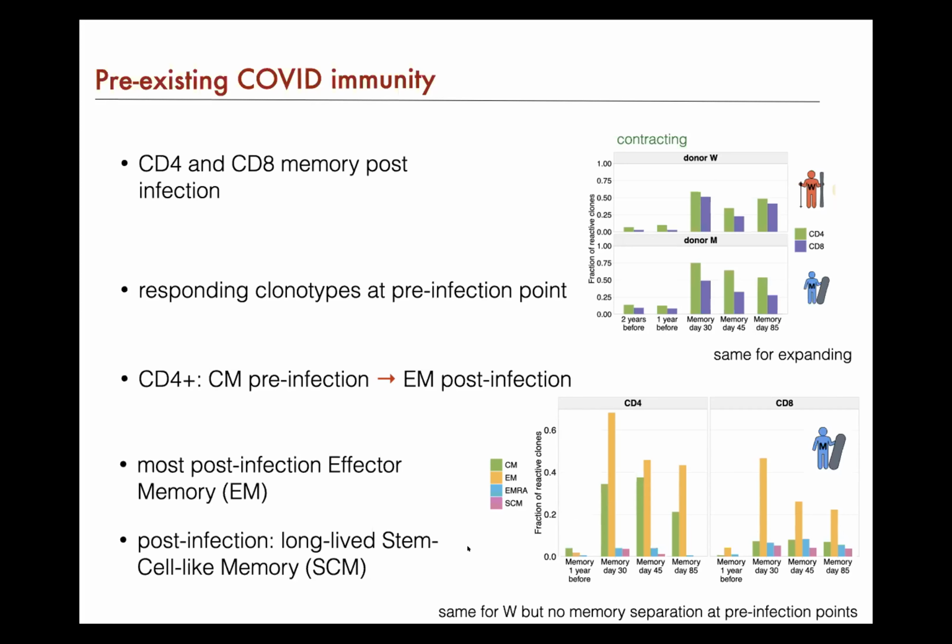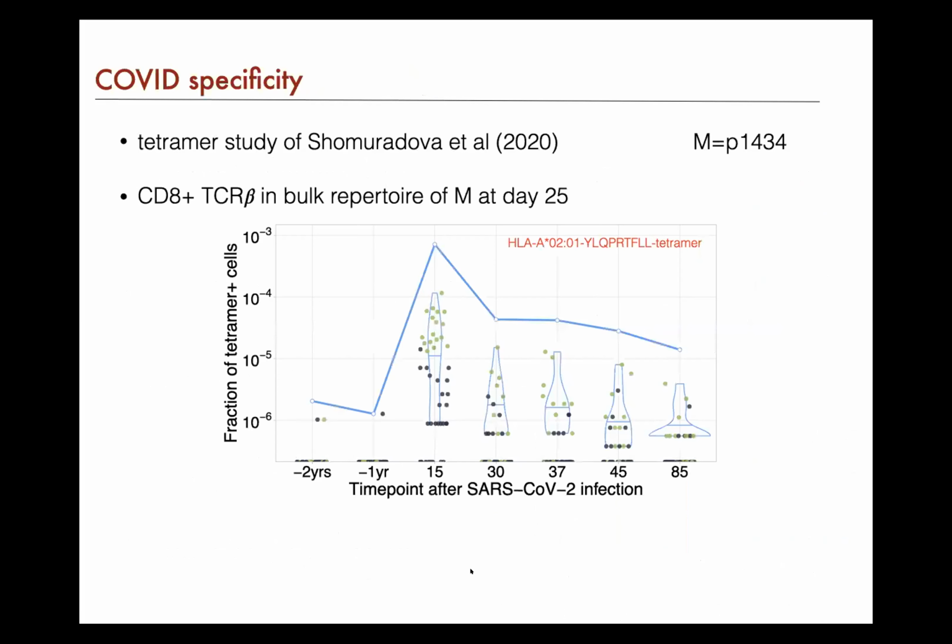So there's a phenotype switch there. But as I said, the most important message is that there is both stable post-infection memory, but there is also pre-existing memory. So as I said, these are potential candidates for being COVID-specific clones, but I haven't shown you yet that they're COVID-specific.